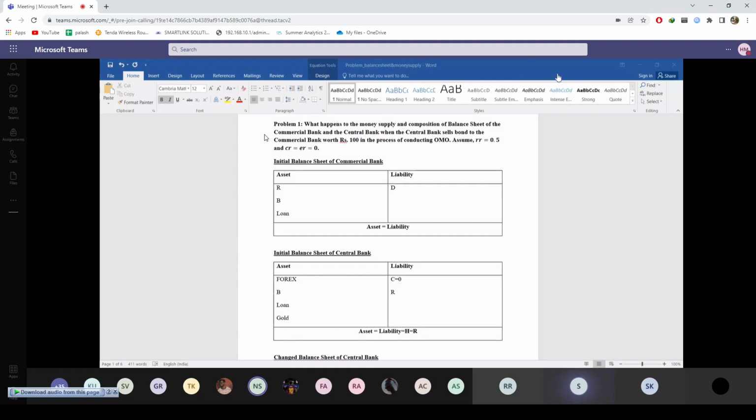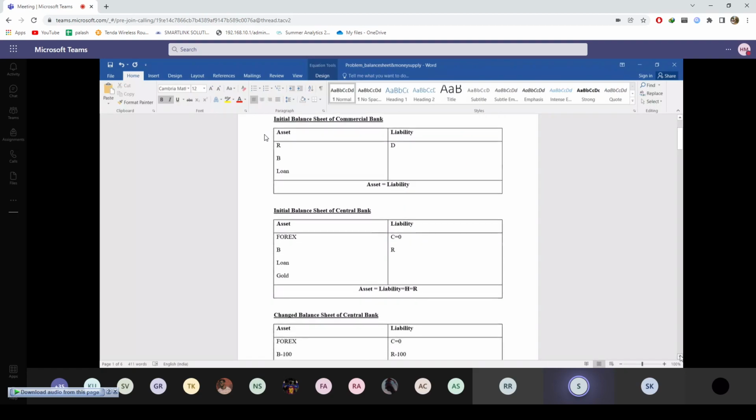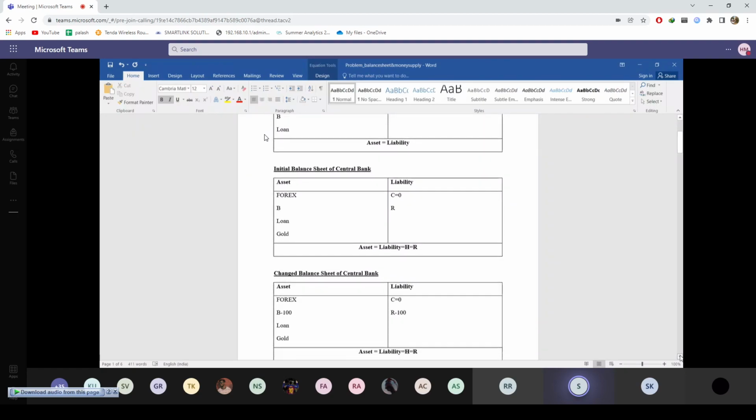So we are starting over here. That's the initial balance sheet. Then we will go to the changed balance sheet of the central bank. Namya, can you please tell me what is happening over here? What change do we observe from the initial balance sheet of the central bank to the changed balance sheet?